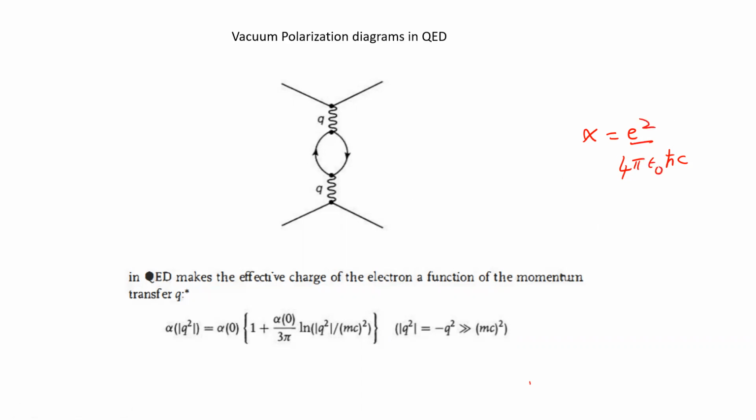This is why it's called the vacuum polarization diagram. Before this process was happening, the vacuum was acting as a screening of the charge by acting as a dielectric medium and reducing the effect of the charge. So we talk about the screening effect of the vacuum.